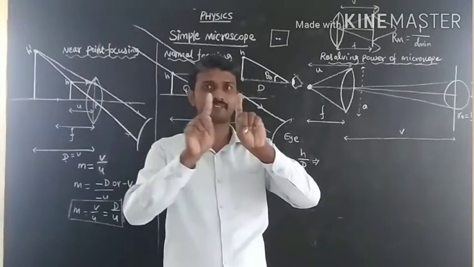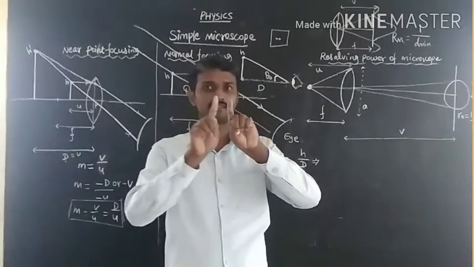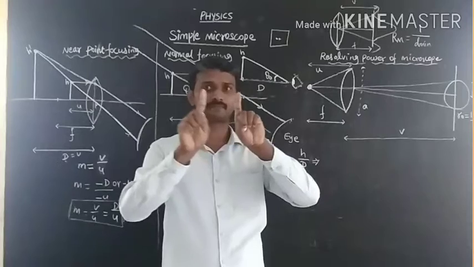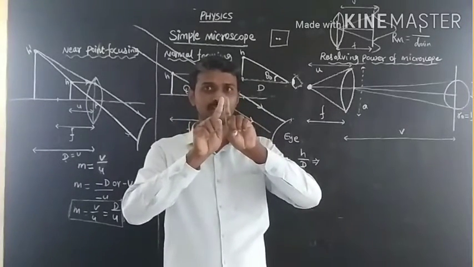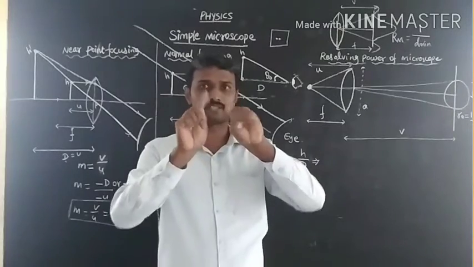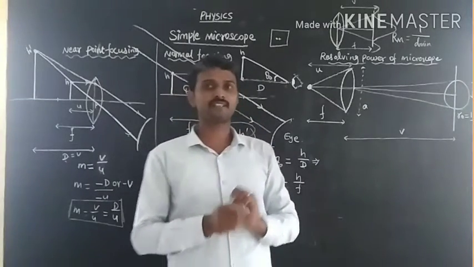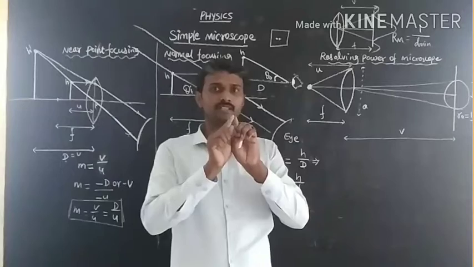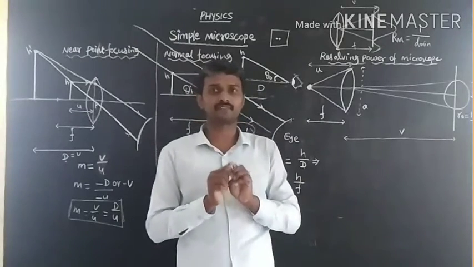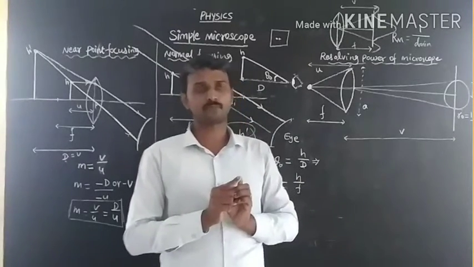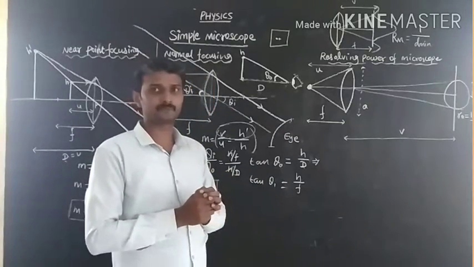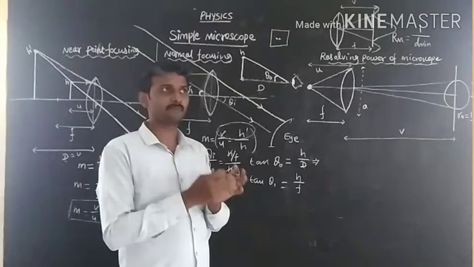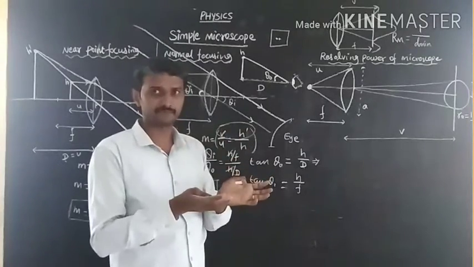So magnification means enlarging an object. Resolution means resolving the two points in an object. So initially the distance between the two points in an object is very small. Suppose we view an object with the help of the microscope, the image is magnified.